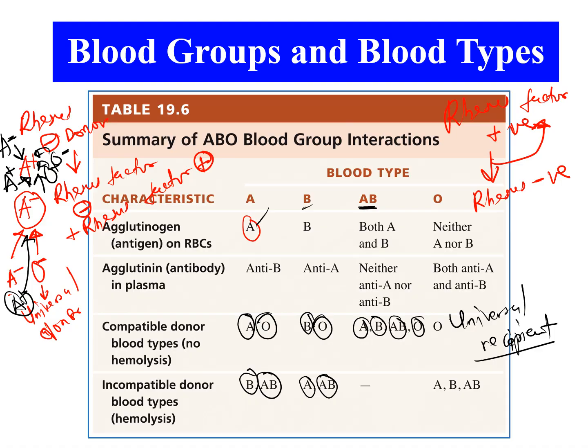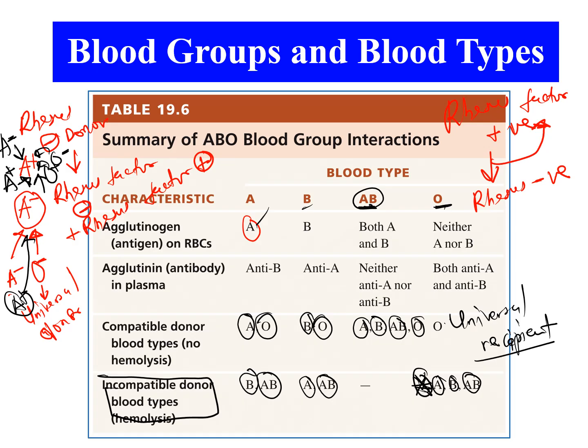but it cannot give to any of those. It just gives to itself. So it's a universal recipient. O is a universal donor. It can give to A, B, and AB, but it cannot receive from these. So you can see this is an incompatible donor blood type.